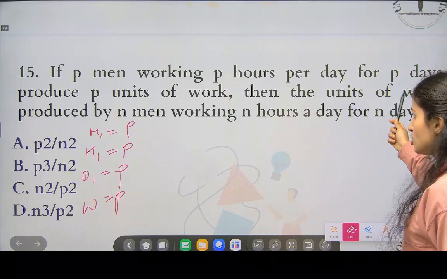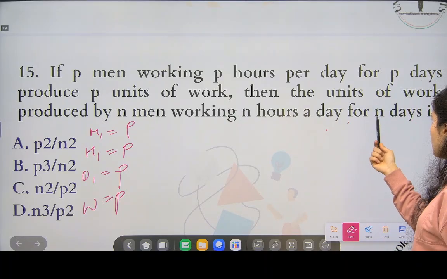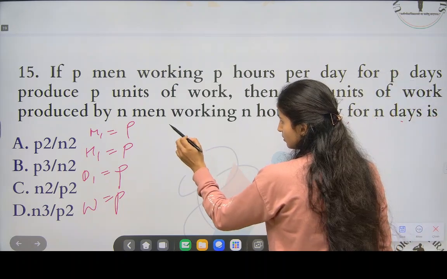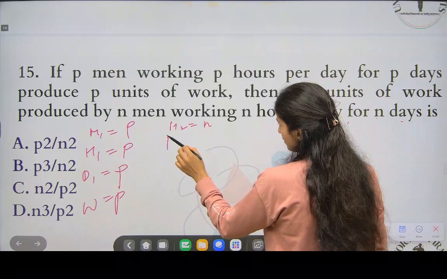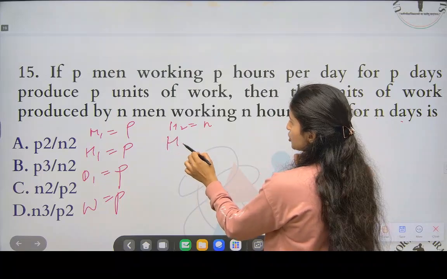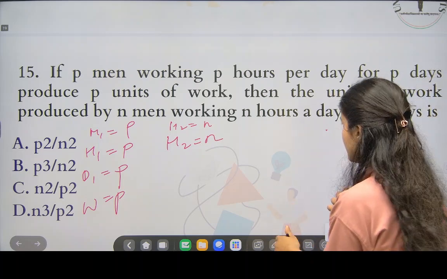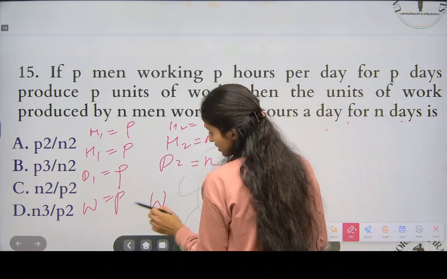Then the units of the work produced by n men working n hours a day for n days. So what will we see? M2 is equal to n men, H2 is equal to n hours for n days, and D2 is equal to n. So how much work is done? We have to find that.